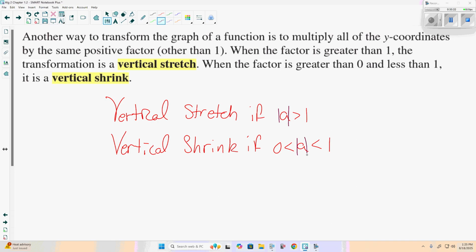If the absolute value of a is greater than 1, it's a stretch. If the absolute value of a is between 0 and 1, it's a shrink. They're doing that to get rid of the negative, to not talk about the negative. But I think we have the wherewithal to say that if there's a negative with a, that's reflection. The number itself is telling us stretch or shrink. If the value of a is 1, there is no stretch or shrink.